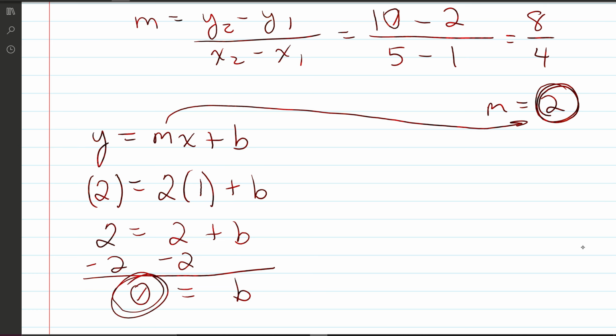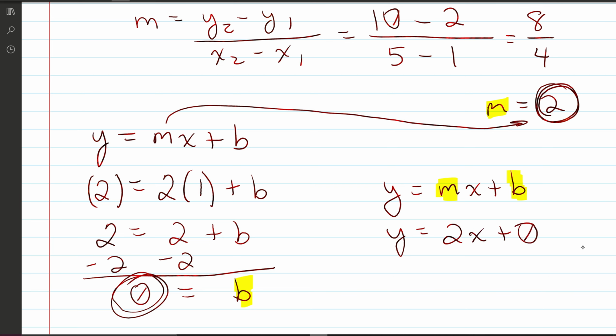So we have another value that is of use for us. We have the m, which is 2, and the b, which is 0. So we go back to using y equals mx plus b, and we're just going to plug in for the slope and the y-intercept, which we already have right here, right? So y is equal to 2x plus 0.